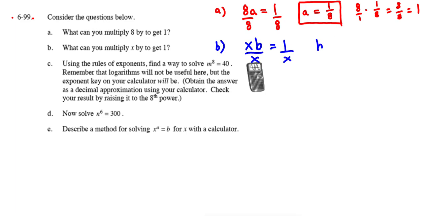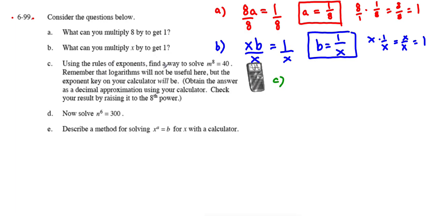And I now have b equals 1 over x. And if we did the same thing here, if we said x times 1 over x, we get x over x, which equals 1.